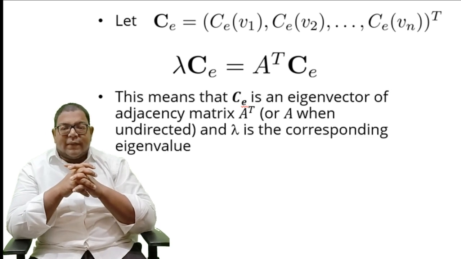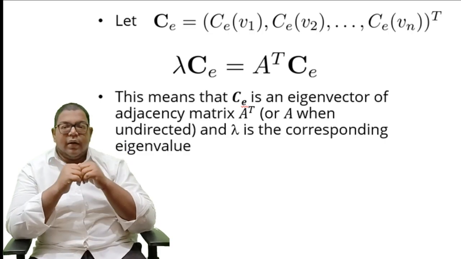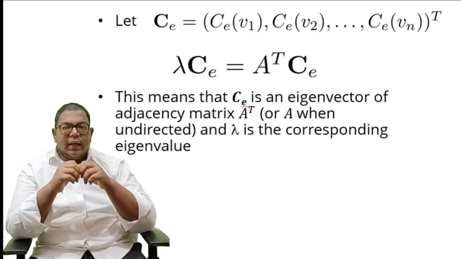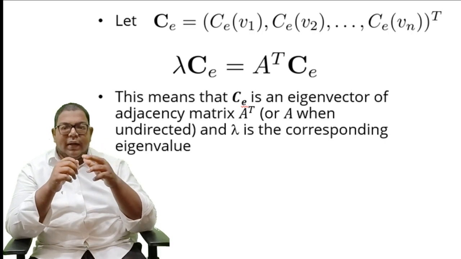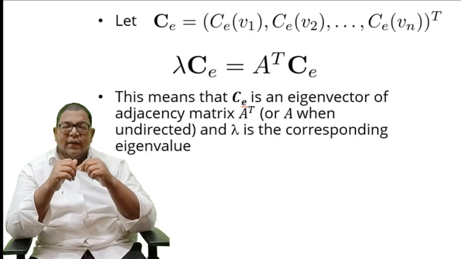If I assume that centrality is a vector, then I can write the formula lambda Ce equals A times Ce, where A is the adjacency matrix. This means that Ce is an eigenvector of the adjacency matrix A and lambda is its corresponding eigenvalue.